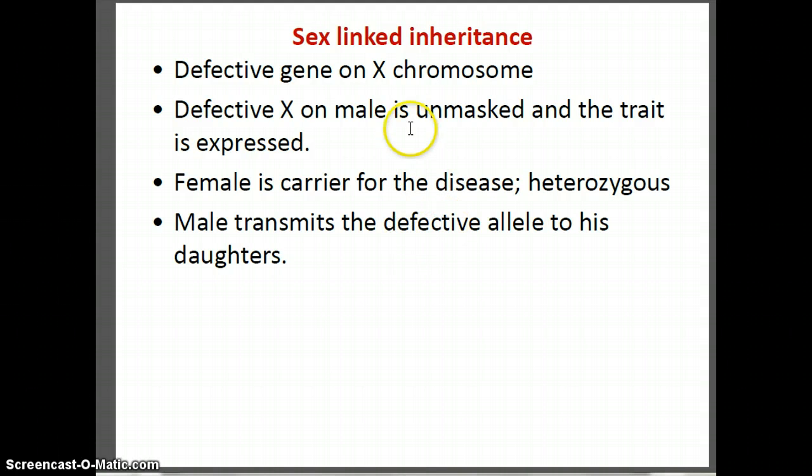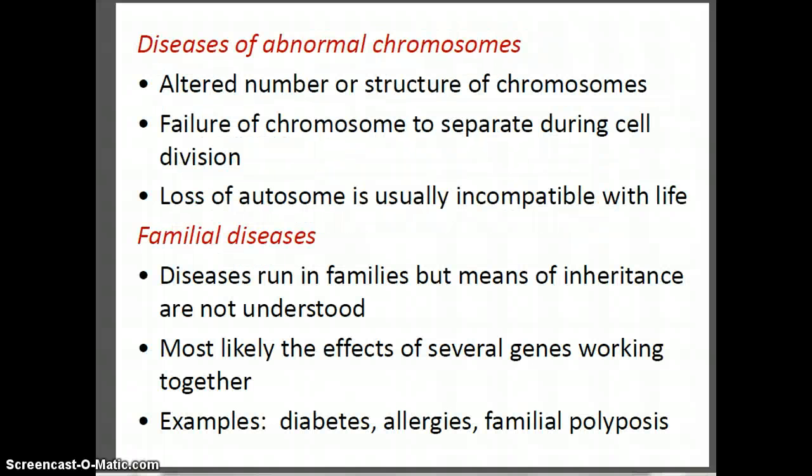So if you think about the Y chromosome as sort of missing that extra little leg of the X, missing this bit of information, then there is no dominant trait. If a recessive defective gene is inherited and nothing for that trait on the Y chromosome, the individual will have the disease. There are diseases also of abnormal chromosomes, altered numbers or structure, failure of the chromosomes to separate during cell division.